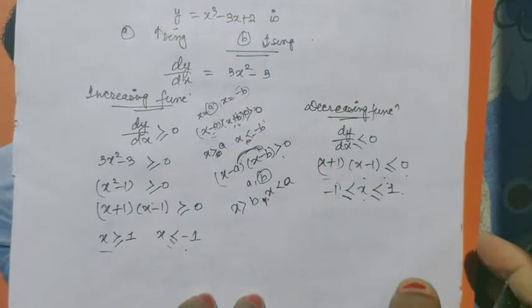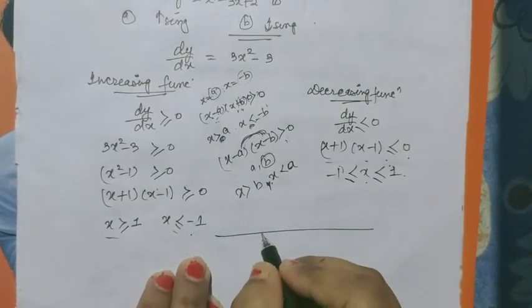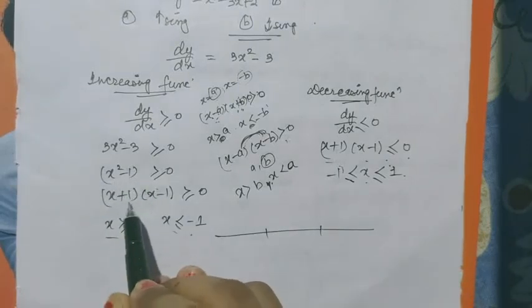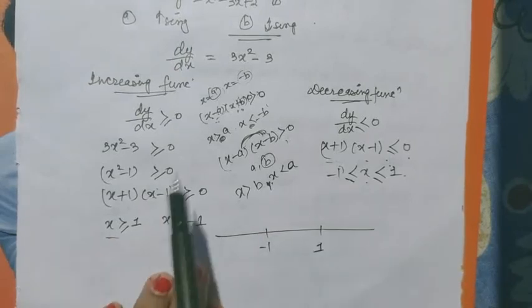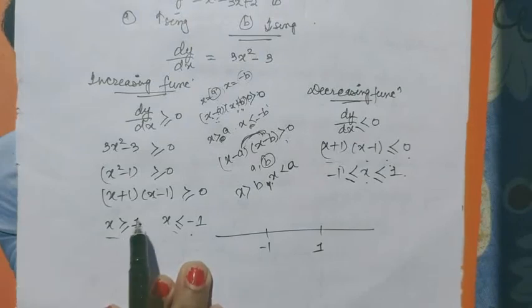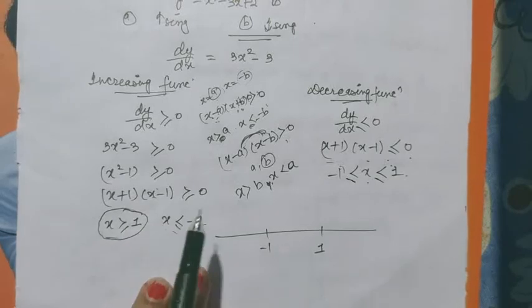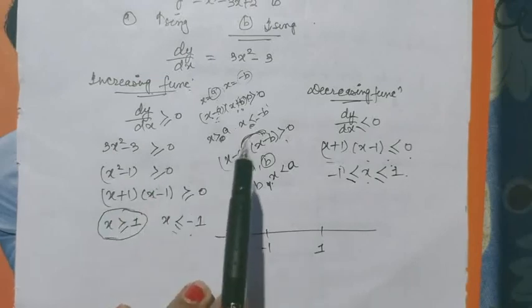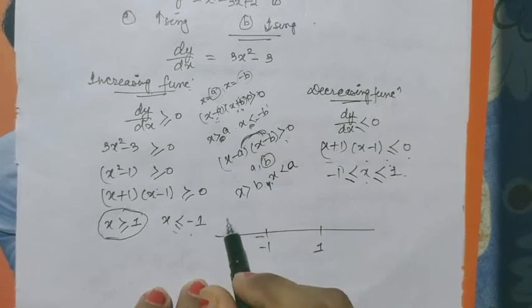Okay, now I'm taking a number line. Our stationary points are minus 1 and 1. So for increasing, x is greater than or equal to 1, so this is an increasing function, and dy by dx will be positive.